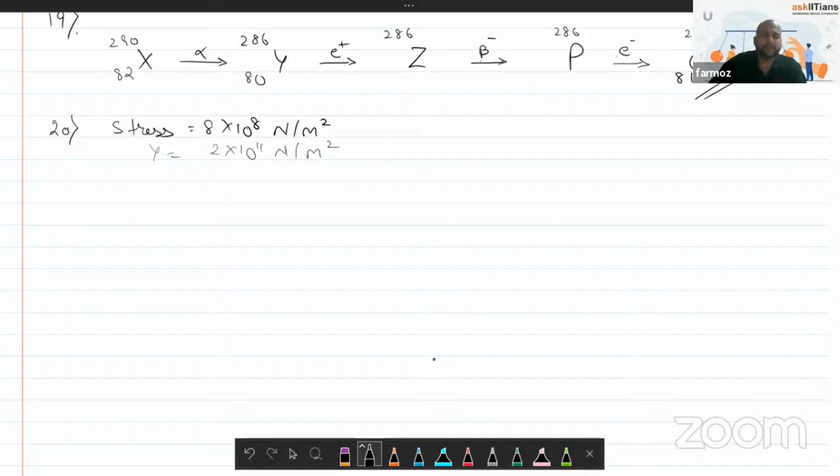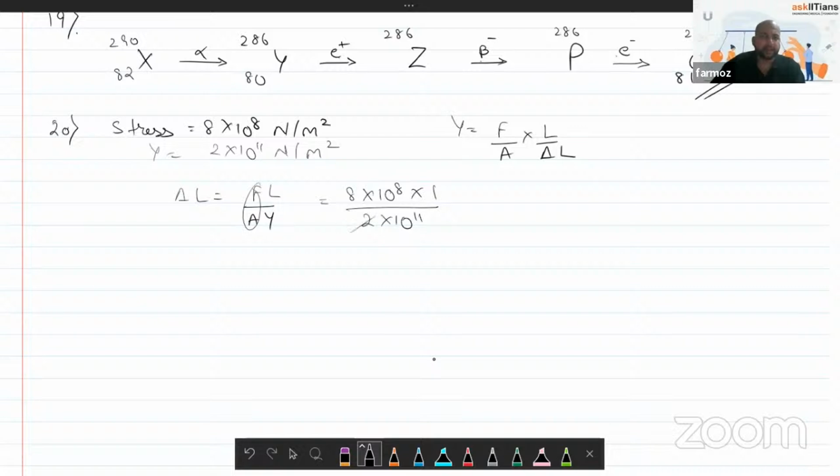So can I use that formula? Y is equals to F by A into capital L upon delta L, or delta L is equals to FL upon AY. Now, instead of F by A, they have given you the value of stress, that is 8 into 10 raised to 8. Length is 1 meter upon, I can go with 2 into 10 raised to 11.